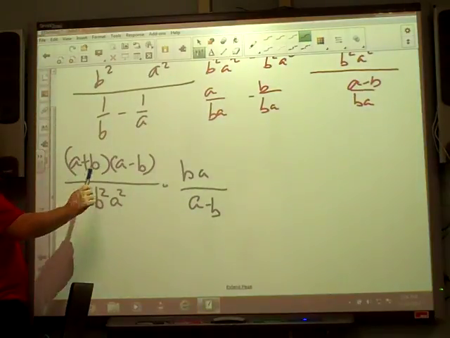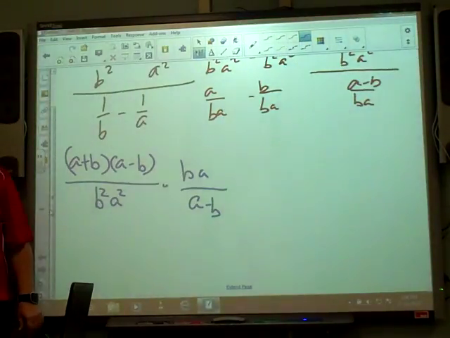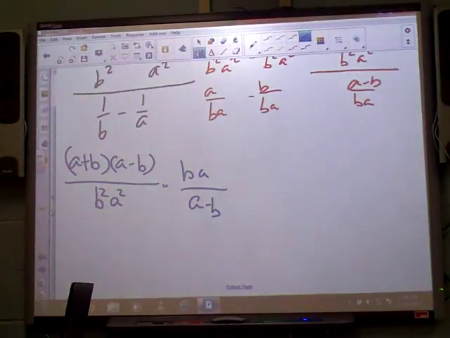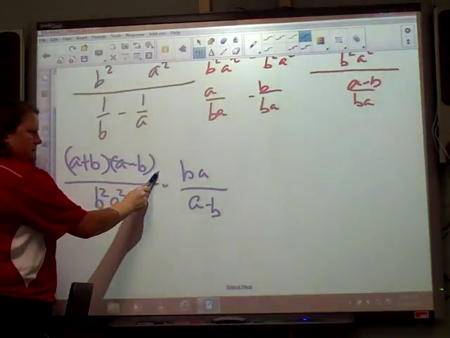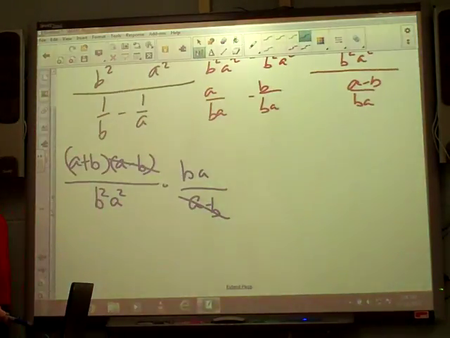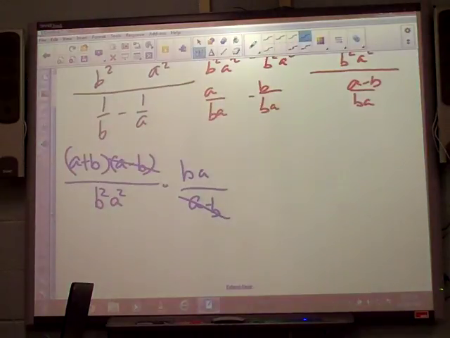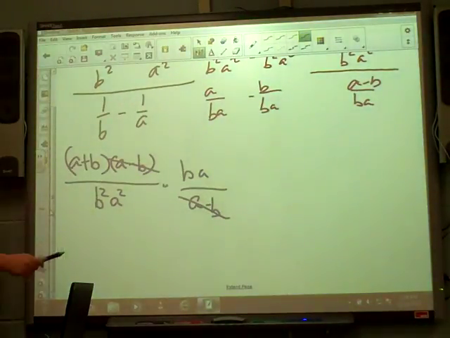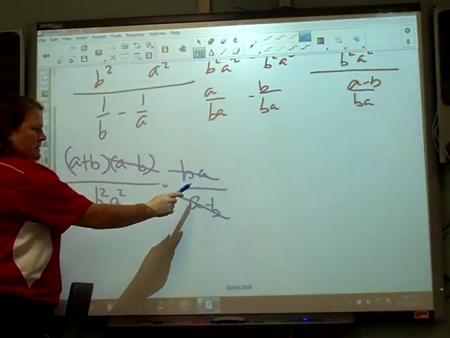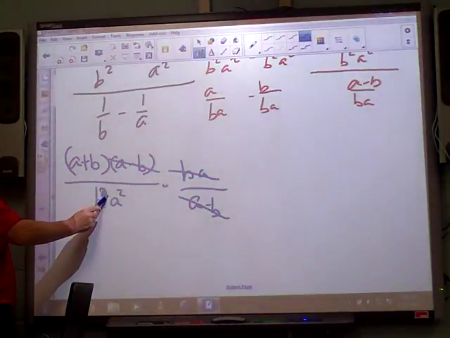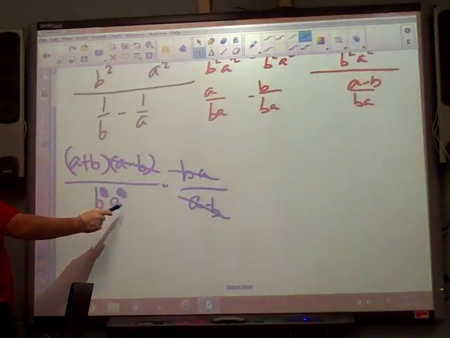Not completely necessary for you to do that, but way easier when you do, because now you see you can do this. Is there anything else you can mark out? Very good. You can take these out, and that would drop these both to a first power, wouldn't it?